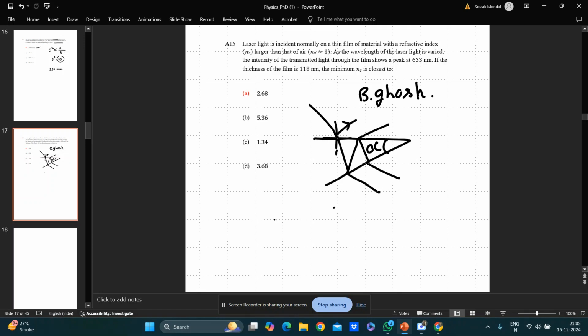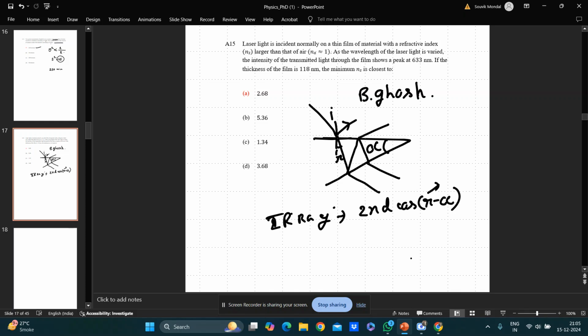For the interference due to the reflected rays, the condition is 2nd cos(r minus alpha), where alpha is the angle of the wedge and r is the refraction angle. Suppose this is i, then this is r.